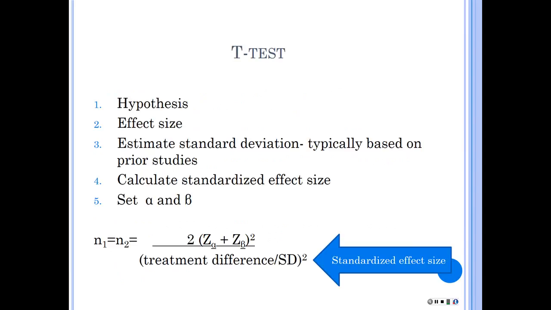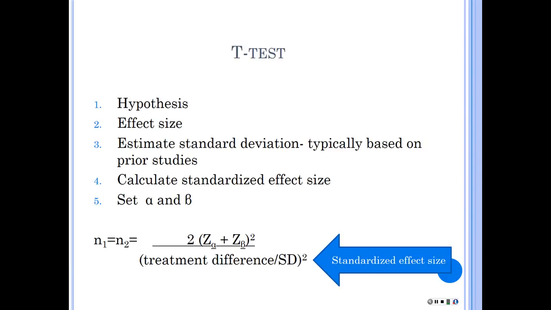So again, laying out the steps for sample size, we start with our hypothesis, then determine our effect size and estimate our standard deviation. Typically both of these would be determined from a literature search and prior studies. And then you would calculate your standardized effect size and set your alpha and beta.